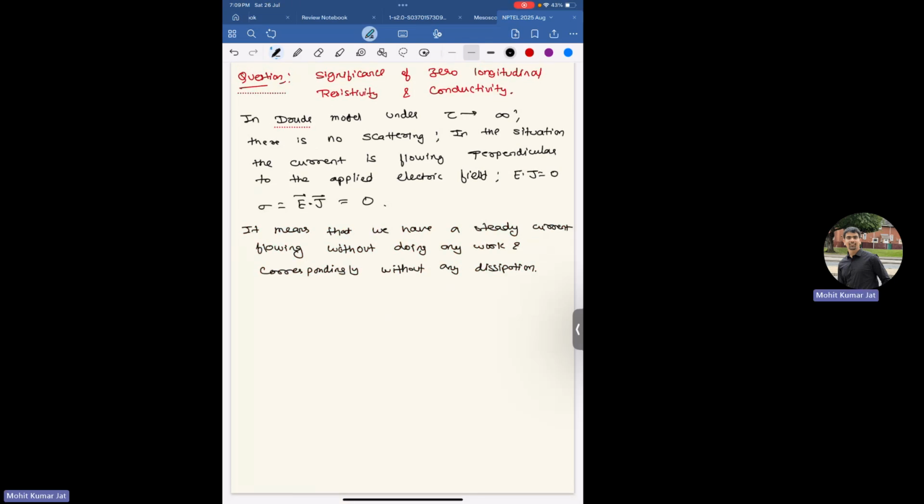In fact, sigma xx equal to 0 tells us that no current is flowing in the longitudinal direction, like an insulator. And that's what it is. The bulk is insulator. Indeed, the bulk is insulator for this quantum Hall effect.